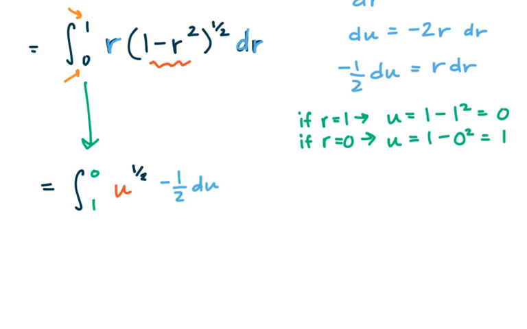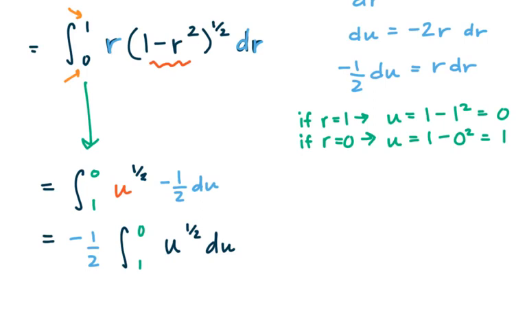So let's look at simplifying this. That negative 1/2, I can put that in front, right? So I have negative 1/2, the integral from 1 to 0 of u to the 1/2 du. And you don't have to do this, but it's common practice and we like to keep things in order. So you'll notice my bounds are not the way we generally want them.